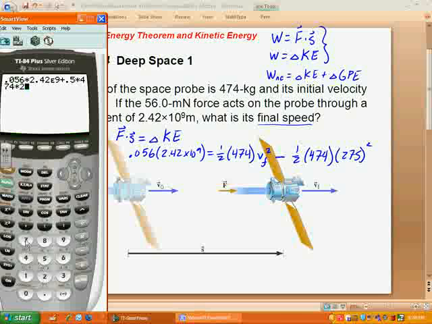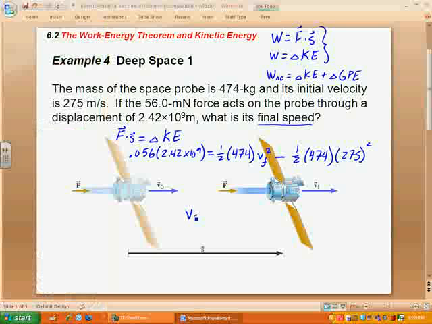So let's divide by 0.5, divide by 474, and then, of course, square root the answer. And we get 804.6. So the final speed is approximately 805. Not too bad, right? Just using the definitions, setting them equal to each other, we were able to get the answer.